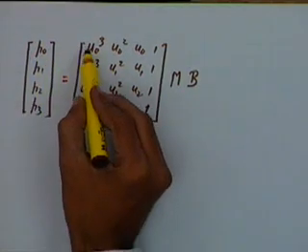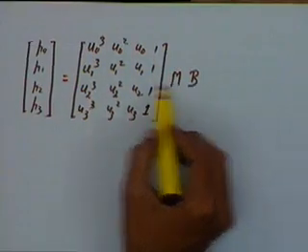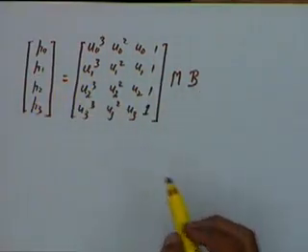So P0 will be this vector multiplied by MB, P1 will be this vector multiplied by MB, and so on.